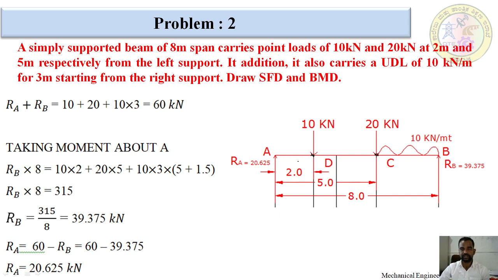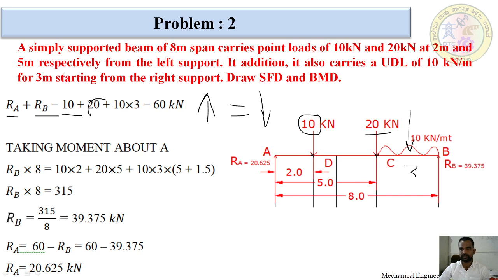Before going to solve the problem, we have to know what loads are applied from the upside and the downside. First of all, we are going to do upward equals downward, without considering the distance. For that, the upward forces are RA and RB. Next, the downward forces are 10 kilonewton, another downward force of 20 kilonewton, and another load which we have to convert into a point load.